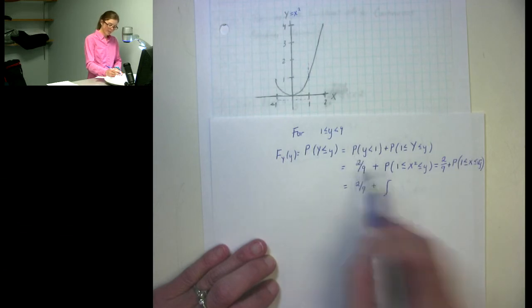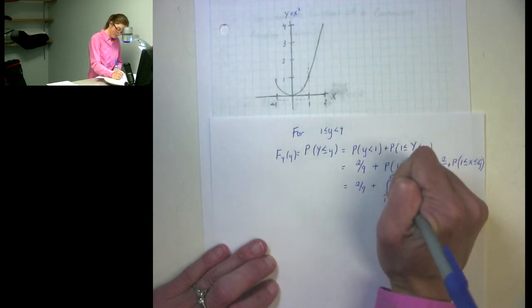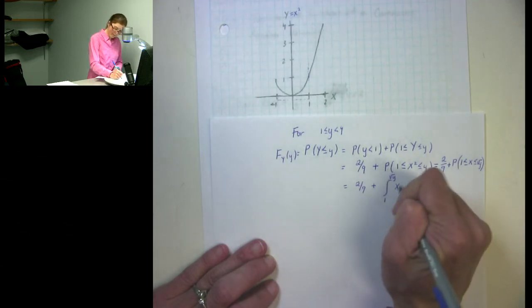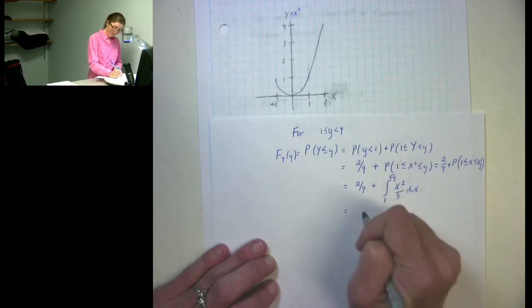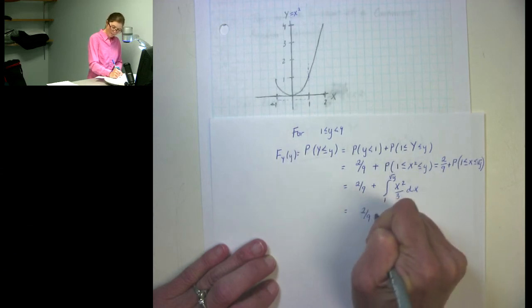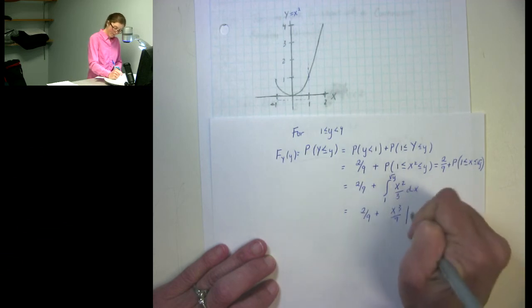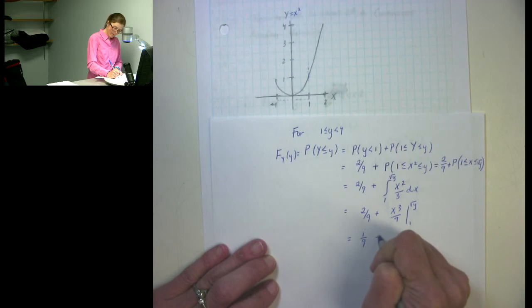So now I've got my 2/9 plus, and I can find this probability by integrating from 1 to the square root of y my probability density function, x squared over 3 dx. This is ultimately going to give me 2/9 plus x cubed over 9, evaluated at 1 and the square root of y. This will give me 1/9 plus y to the 3/2 times 1/9.